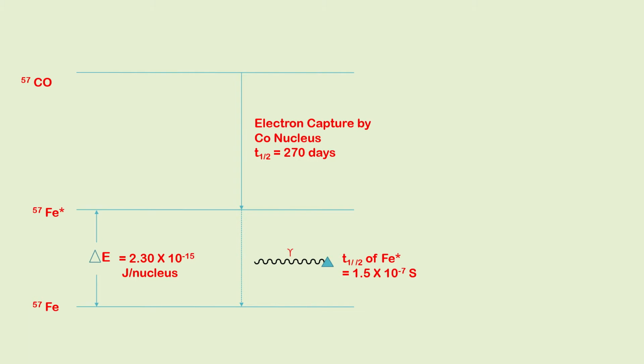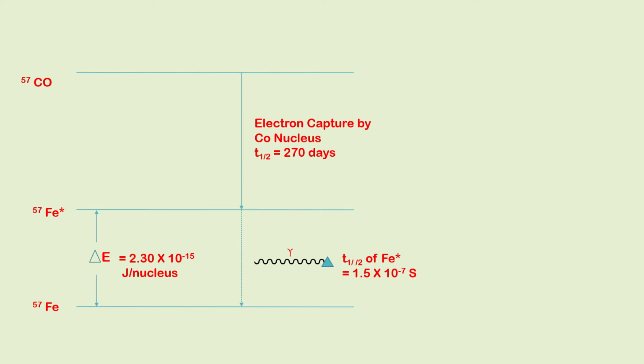Now, the excited Fe nucleus rapidly converts into ground state Fe by emission of energy. The energy change delta E is equal to 2.30 into 10 raised to minus 15 joule per nucleus, and the frequency of emitted gamma rays is equal to 3.5 into 10 raised to 18 Hz.